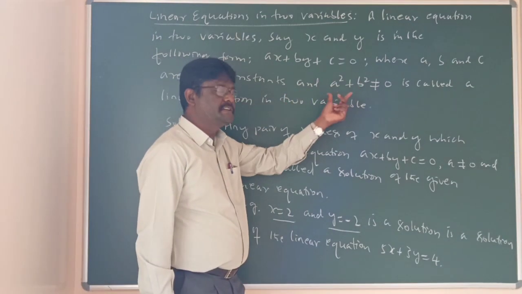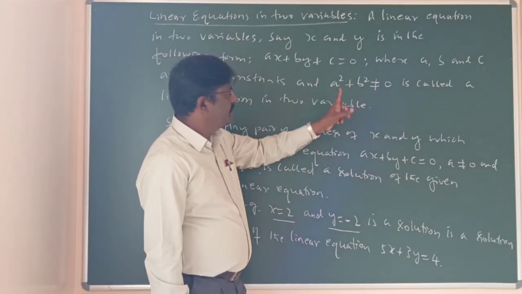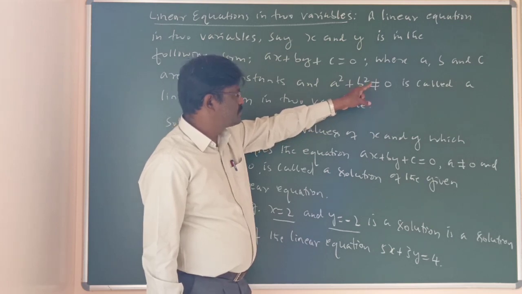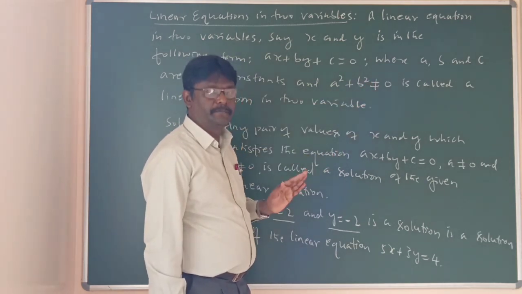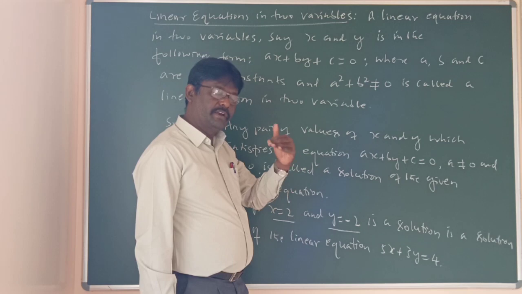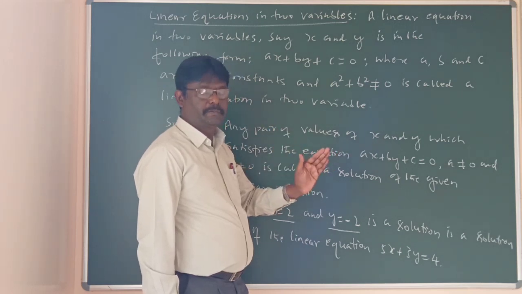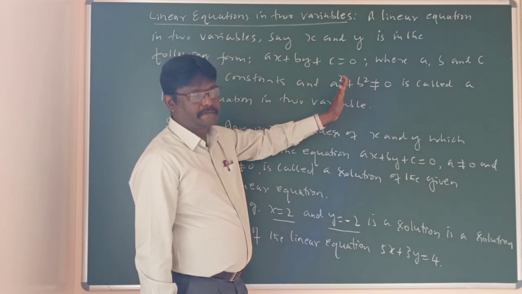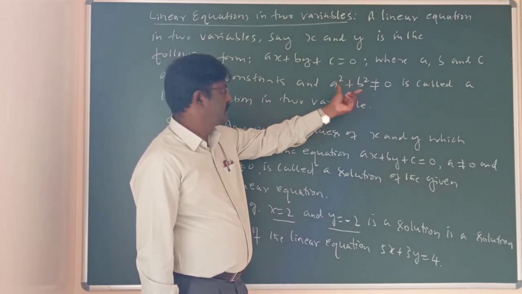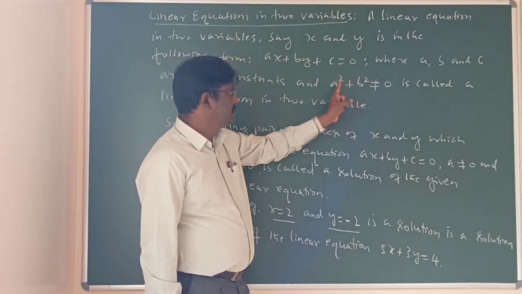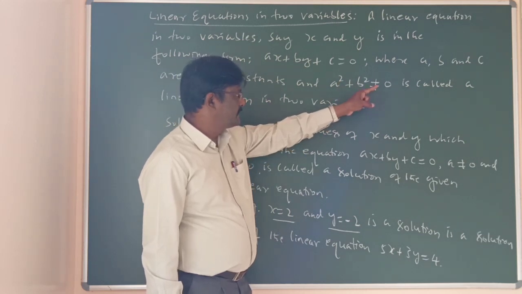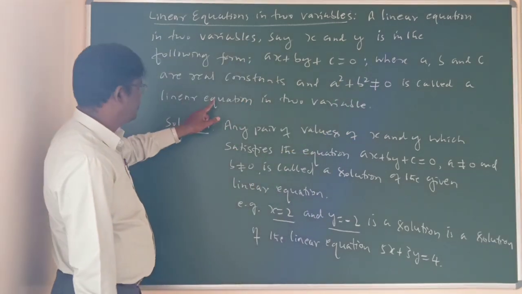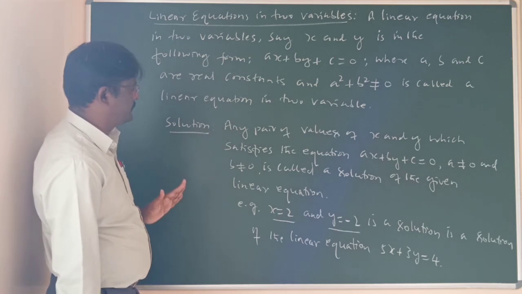And a quite interesting factor is this, children: a square plus b square is supposed to be not equal to 0. When we do some numerical problems, you will get a clear idea. By doing numericals, I will give you a complete idea about this condition. a square plus b square not equal to 0 is called a linear equation in two variables.